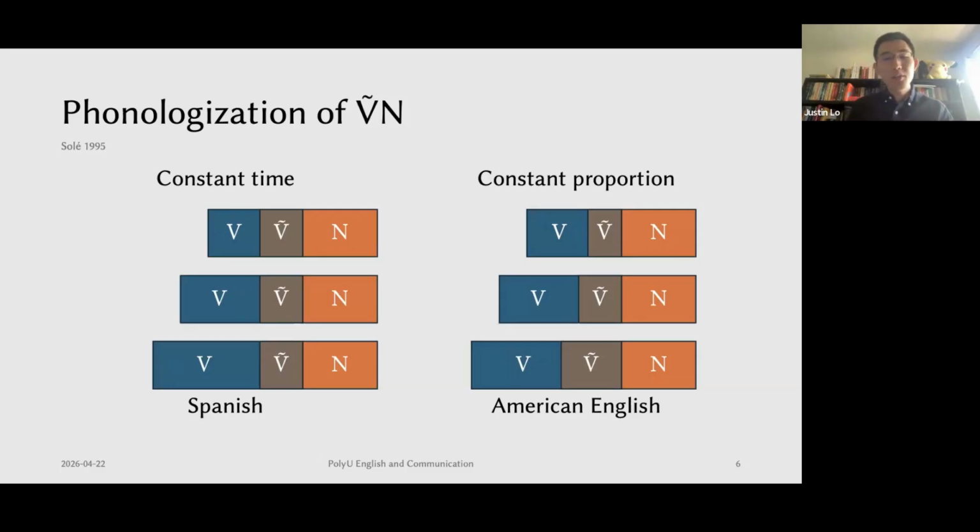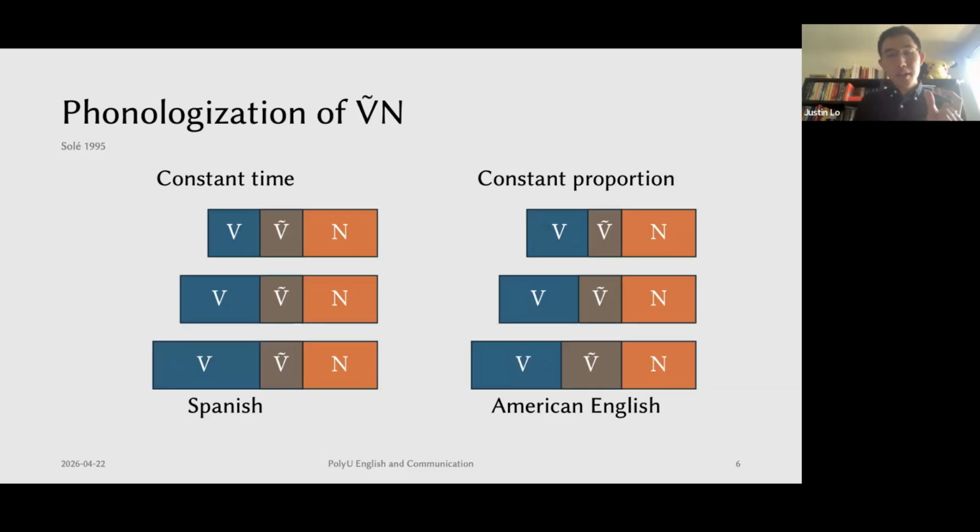And so in languages like Spanish, what we would expect is what we call constant time nasalization. Regardless of how long the vowel is, you end up with just about the same amount of it being nasalized. That's in contrast to American English, where it's been said that nasalization is becoming phonologized.